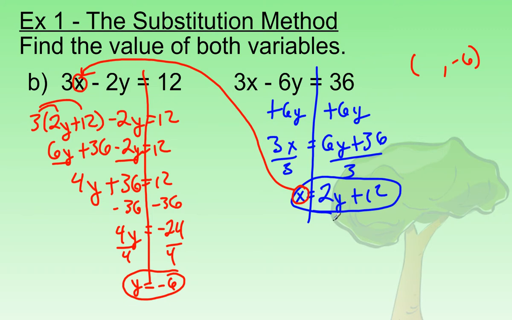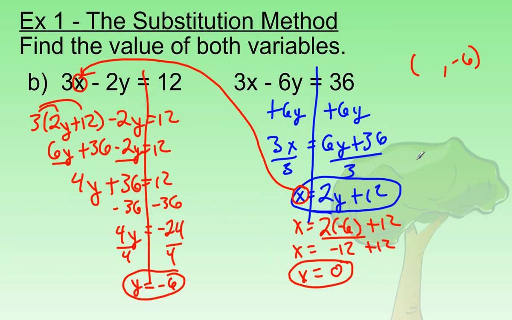Heck, I can even plug it in right here. Watch this. X equals 2 times negative 6 plus 12. X equals negative 12 plus 12. X equals 0. So the x value of 0, the y value of negative 6 is the solution to our problem.